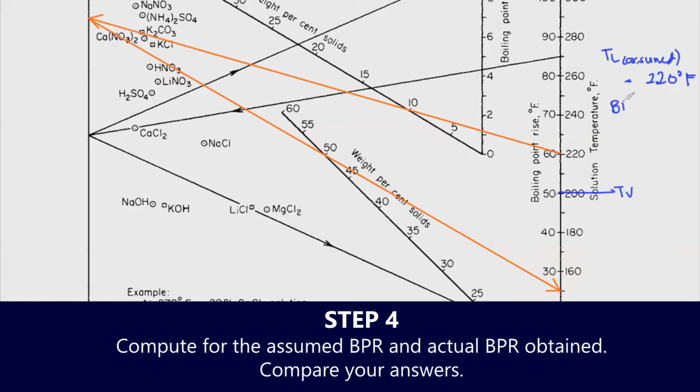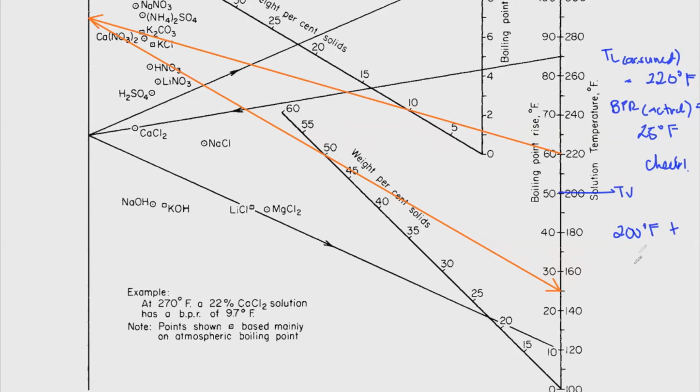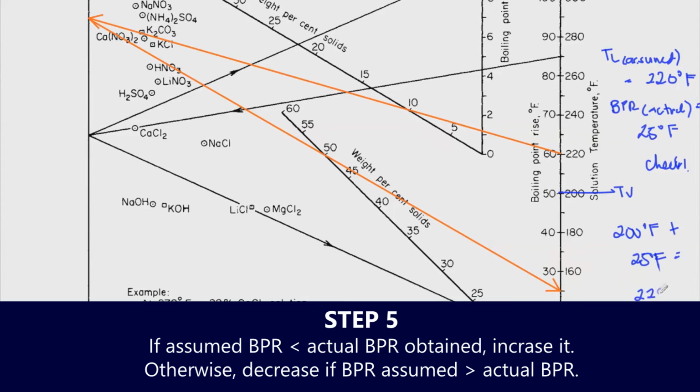And then BPR ko na actual na nakuha is based on this graph we have 25 degrees Fahrenheit. So to check that we have TV that is 200 plus your actual BPR which is 25 degrees Fahrenheit. So therefore meron kang 225 degrees Fahrenheit. So this 225 is not equal to 220. So, mali yung ating assume.